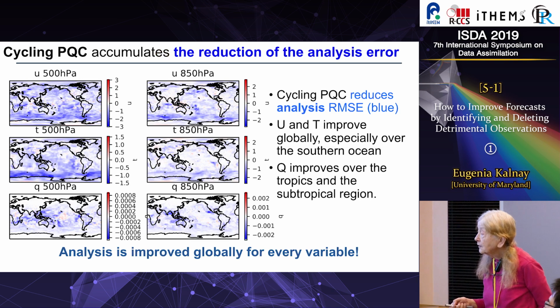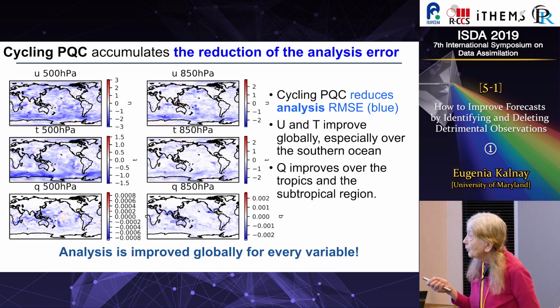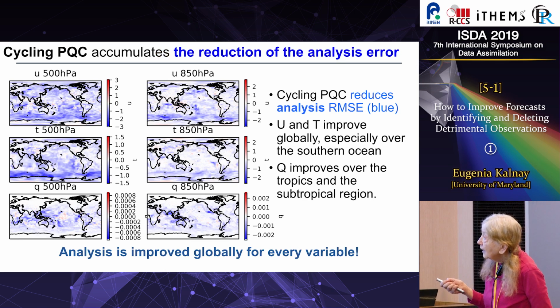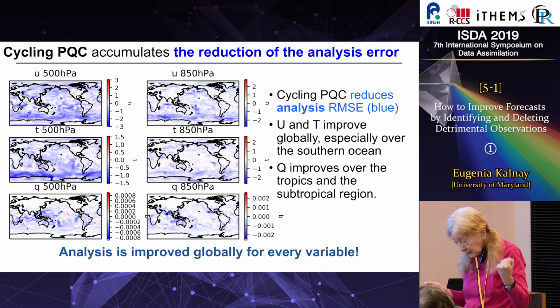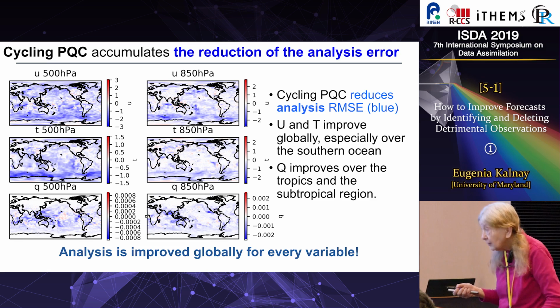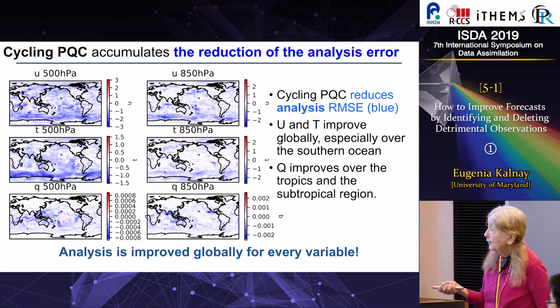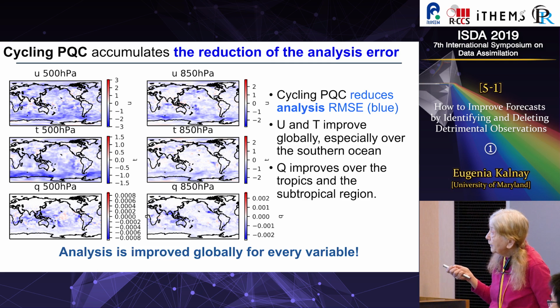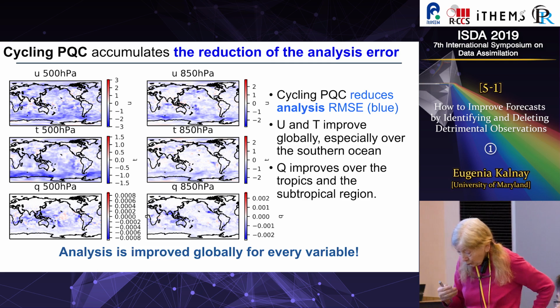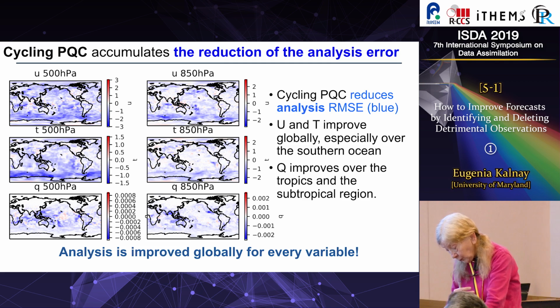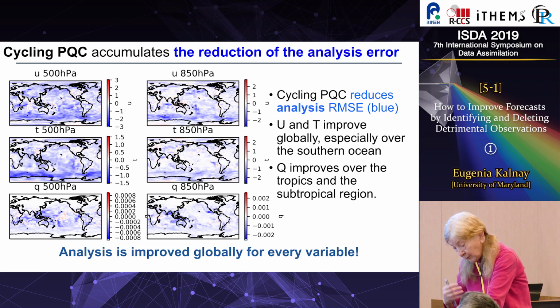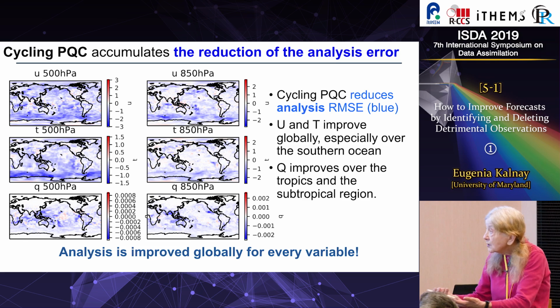So this is the difference between the analysis error using this proactive quality control that eliminates the 10% of most detrimental observations. And blue means improvement, and also this system is cycled, so one every 6 hours is followed by another 6 hours, so the improvements accumulate.